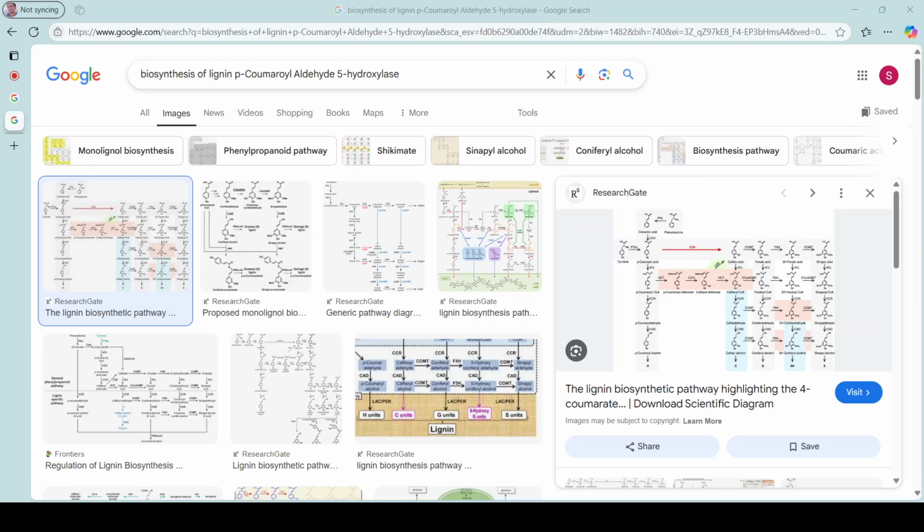So this is the paper that has been used for framing this question, and what they mention is that when this 4CL is downregulated, it reduces the lignin content in the cell wall. So they used this strategy and tried to correlate it with 4CL RNA expression levels.